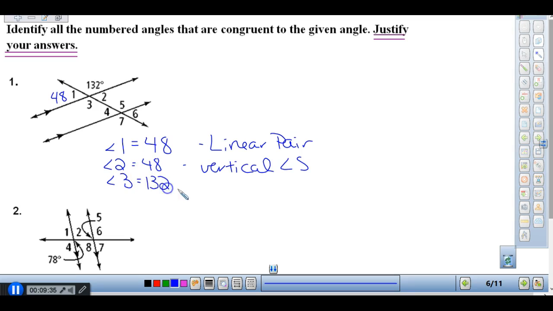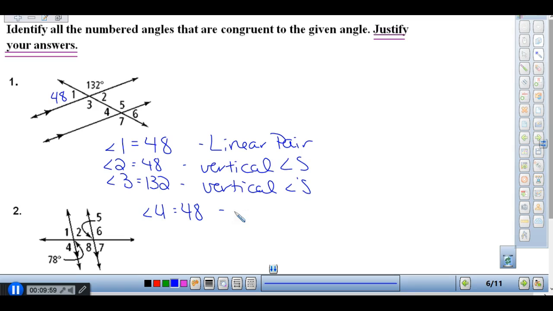How do we know? Yep. So we can go vertical angles again, or like Kaiser said, linear pair would work too. Angle 4 is what? 48. Why?